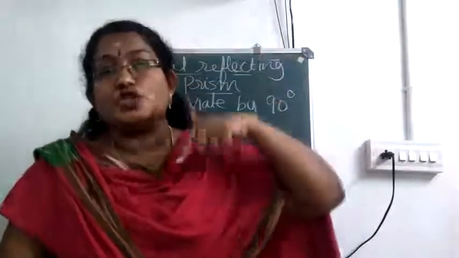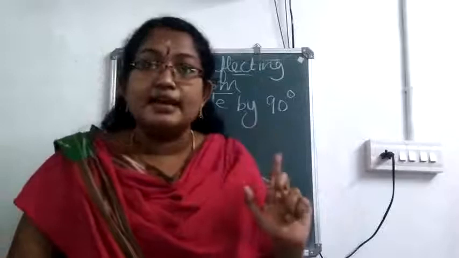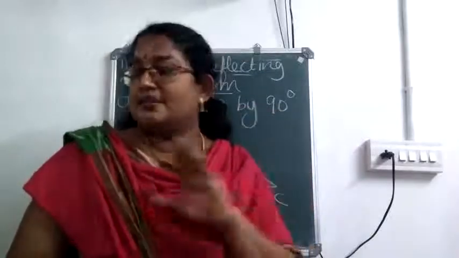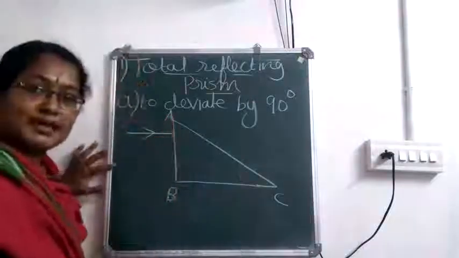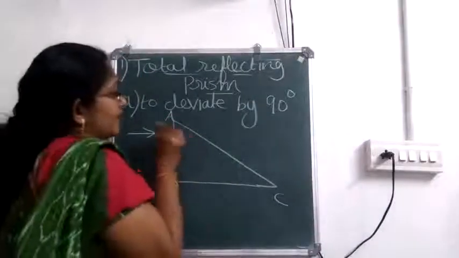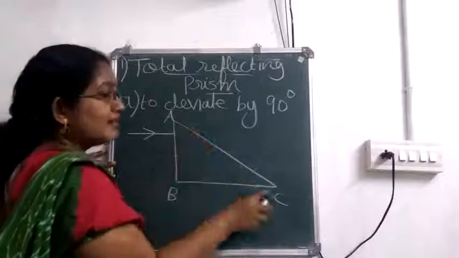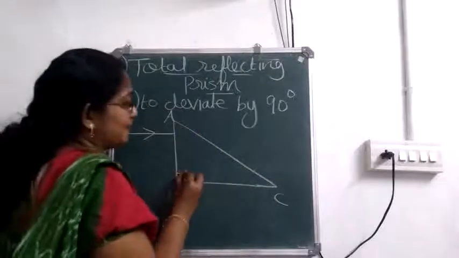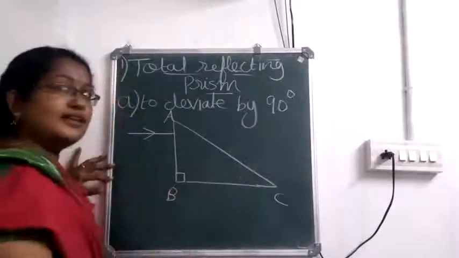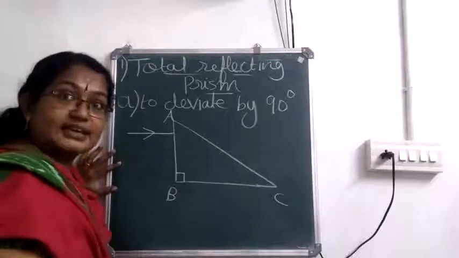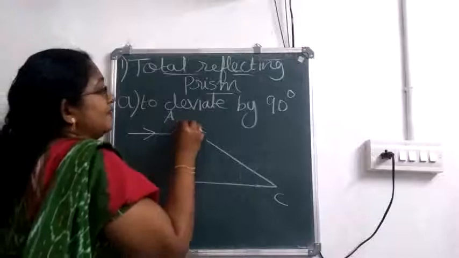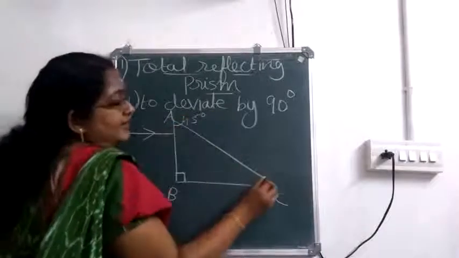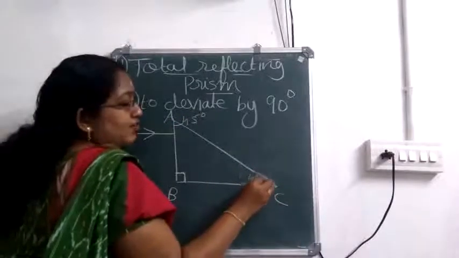And if it is normal incidence, the ray will move to the second medium without any deviation, isn't it? Before that I should mark the angles of this prism. So this is a total reflecting prism or right angled isosceles prism. This angle is 90 degree, this angle is 45 degree, and this angle is 45 degree.